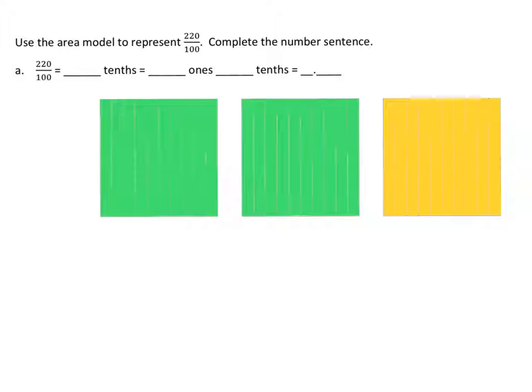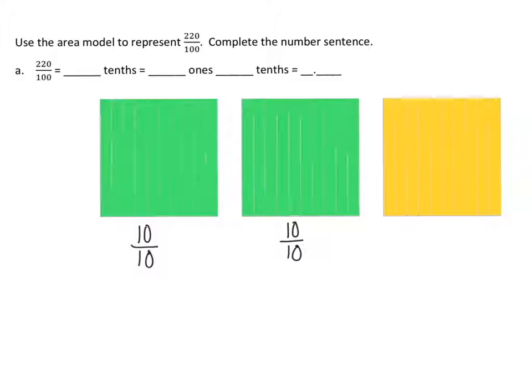All right. So now what we want to do is show what that looks like as a fraction. Well, we shaded in 10 tenths, which equals a whole. And this one represents 10 tenths. All right, but we really don't have 3 wholes here.